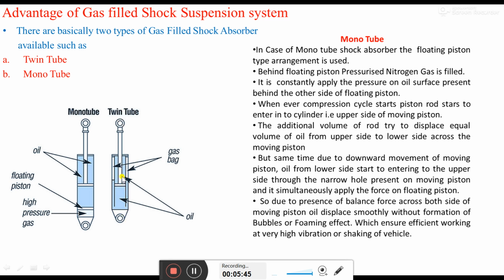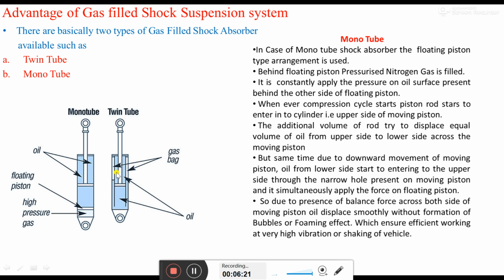So again, whenever it is coming upward, that time that much volume of this rod is coming out from the upside of this tube. Okay, so that time, for the sake of seconds, milliseconds, vacuum initiates, and that vacuum is vanished by extra oil entering from the bottom to above the piston.